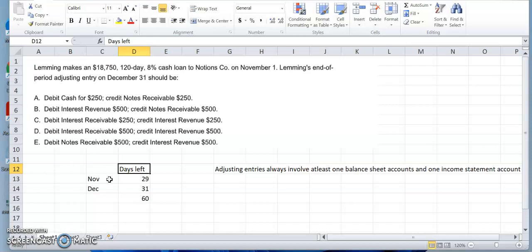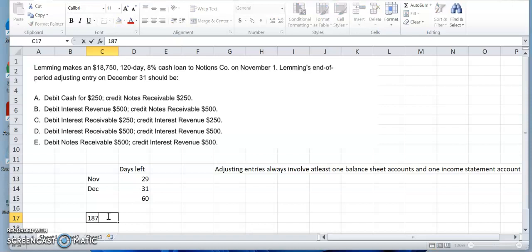So there's 29 days left in November. There's 30 days in November, so 29 days left. And then we have all of December, 31 days. So that means we need to recognize interest for 60 days. Now, how are we going to calculate that?